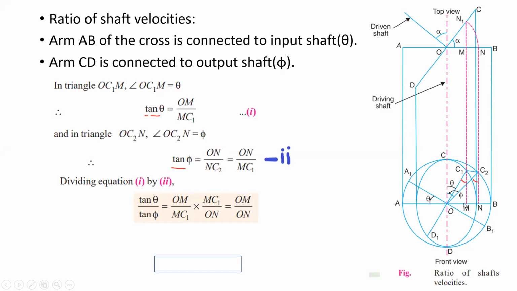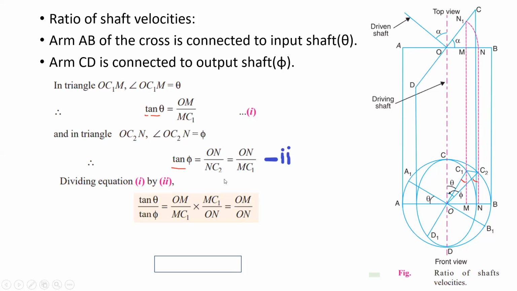So what is the relation between OM and ON? Look at the top view. ON is equal to ON1, and ON1 and OM are related with this alpha. What will that ratio be, cosine ratio or what? Cos alpha will be OM upon ON1, right?